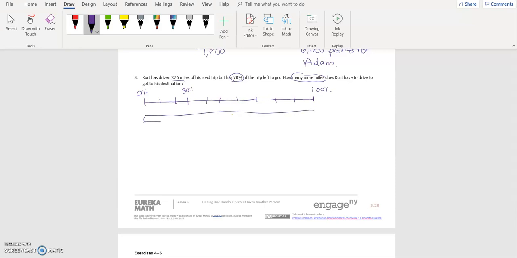So this is Kurt's actual drive. What has he done? We said he's gone 30%, which was 276 miles. So first we need to see what each of these little pieces is going to be, if we make this into equal parts.